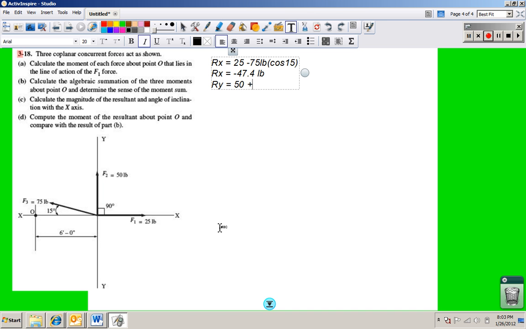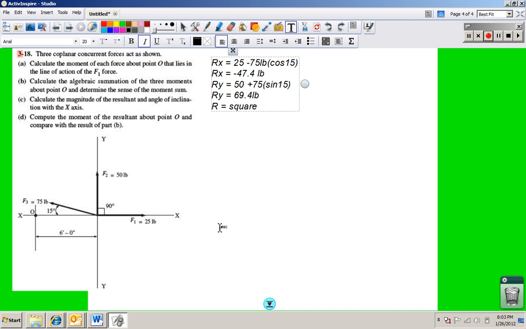So it is 75 times sine 15 degrees, and Ry is equal to 69.4 pounds.